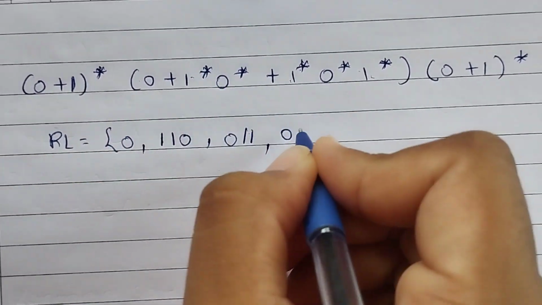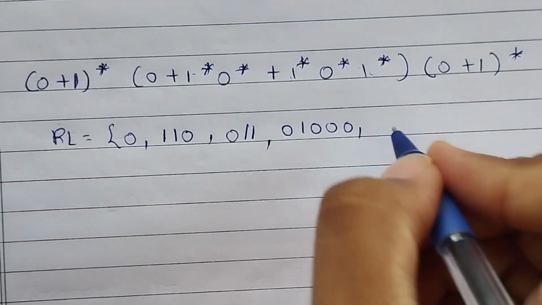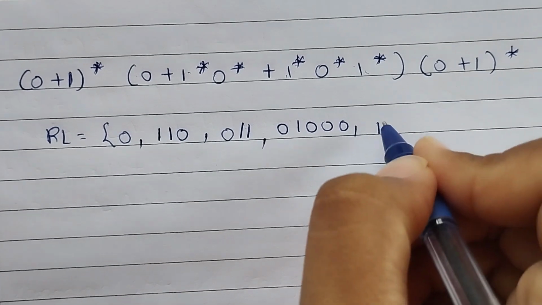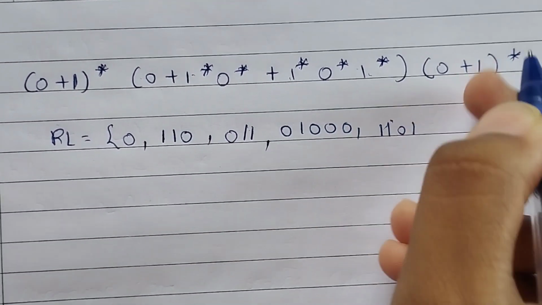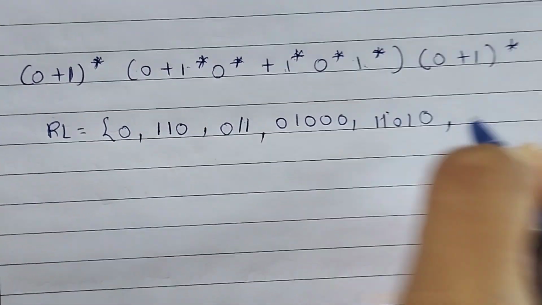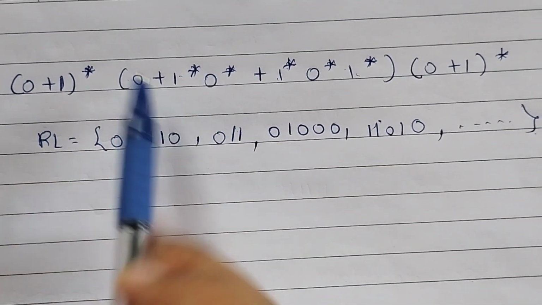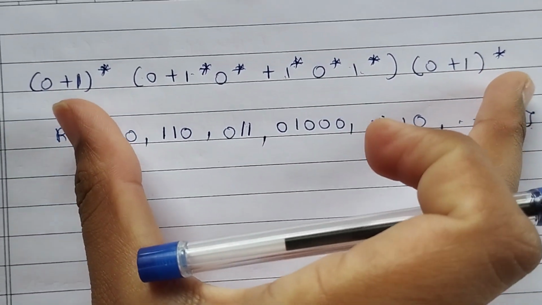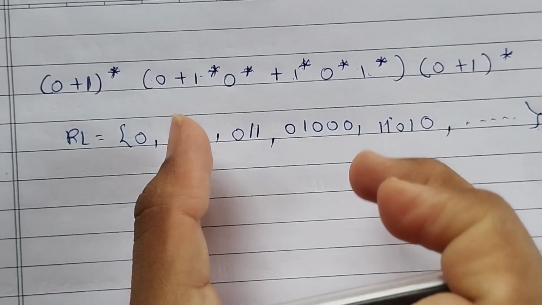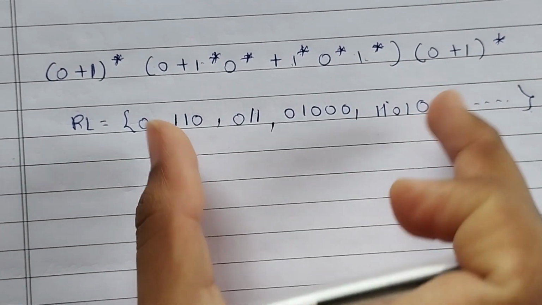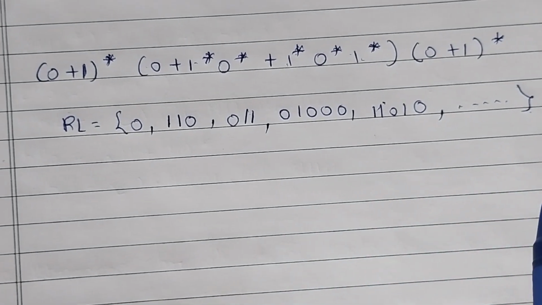Then 0, this 1 0, from this I put 00, then 1. Let's suppose this time I put this whole string 1 0 1, and from this string I consider only a single 0. So you can write any possibility here. This is the regular language for this big expression. For the length it looks big, but when we simplify and understand the meaning, it is very simple and easy to understand.